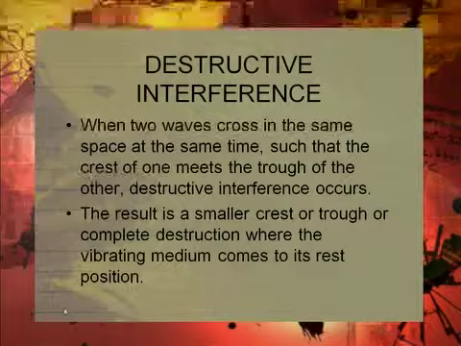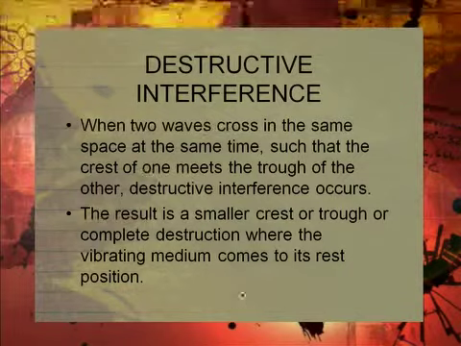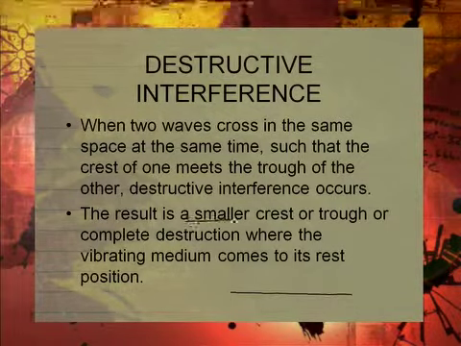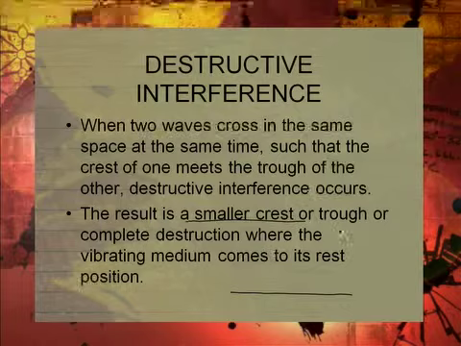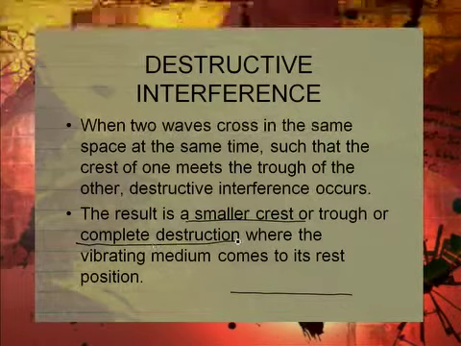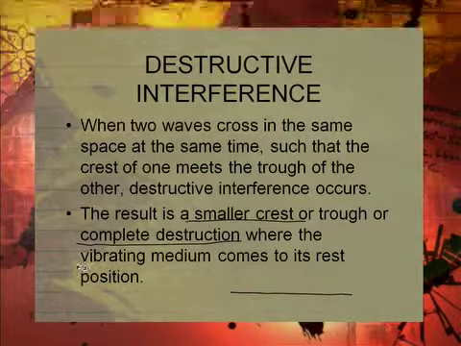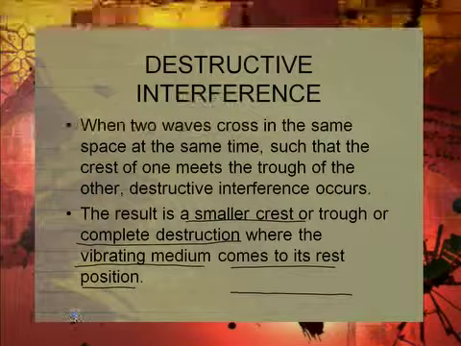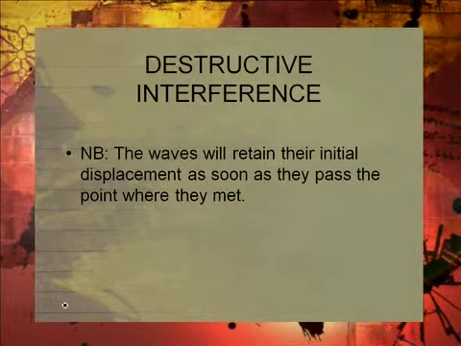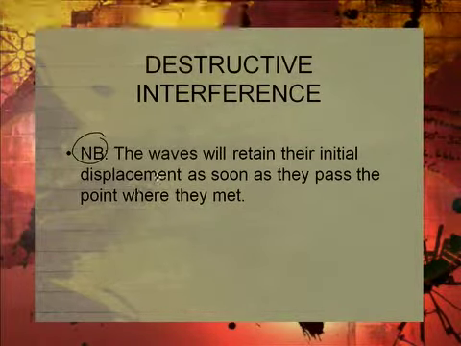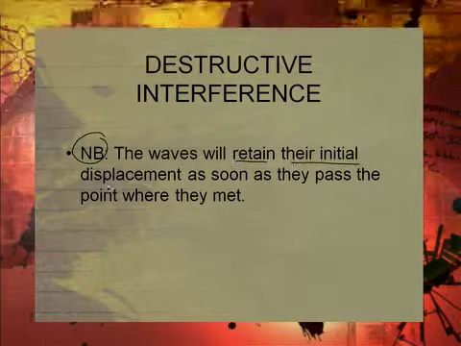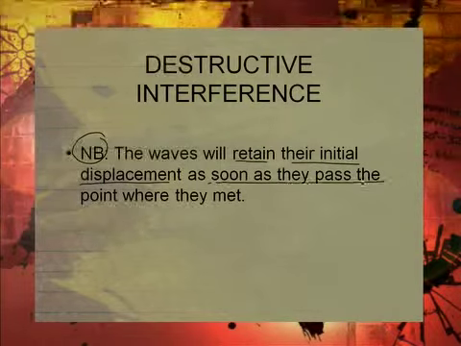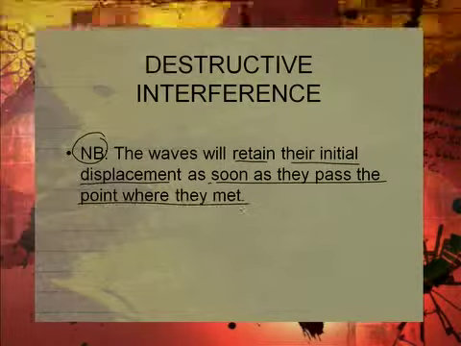The result is therefore a smaller crest or trough, or complete destruction where the vibrating medium comes to its rest position. Destructive interference, the same thing. The waves will retain their initial displacement as soon as they pass the point where they met.